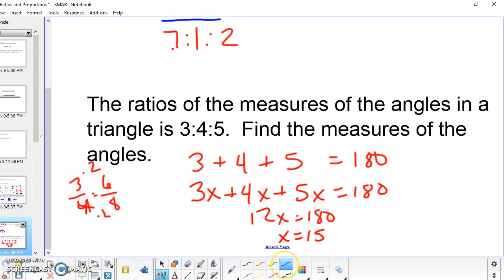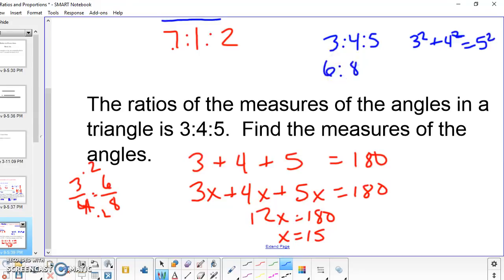Another place where we've seen a lot of 3-way ratios are Pythagorean triples. We talk about a 3, 4, 5 Pythagorean triple because 3 squared plus 4 squared equals 5 squared. And you could multiply each one of those numbers by 2.